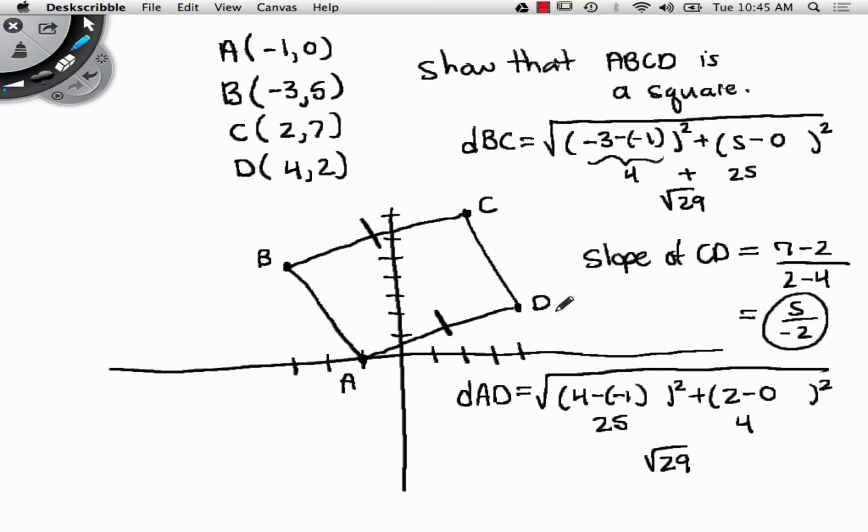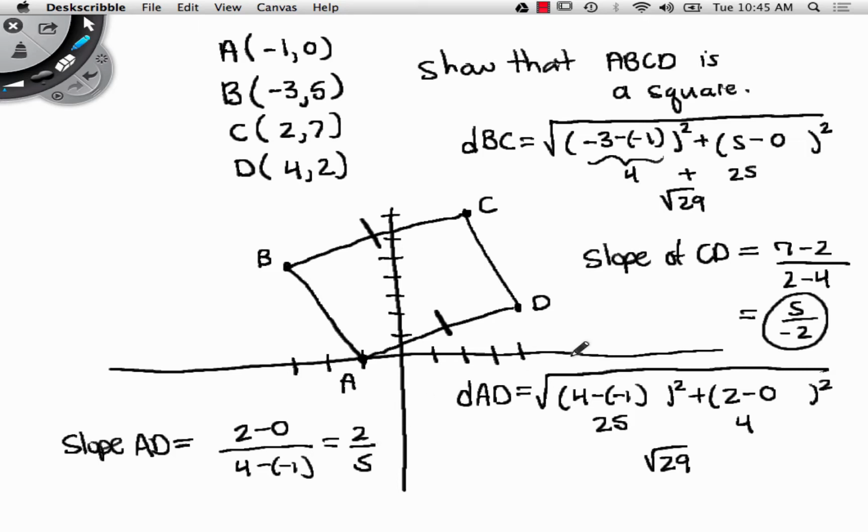Now let's find the slope of AD. That's going to be 2 minus 0 over 4 minus negative 1. But that gives me 2 over 5. Well, wait a minute. This is negative 5 halves, and this is 2 fifths.